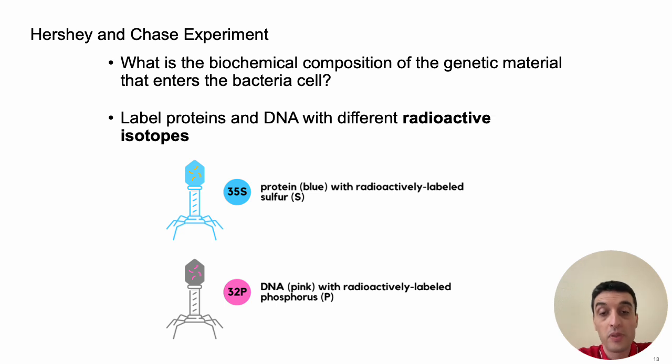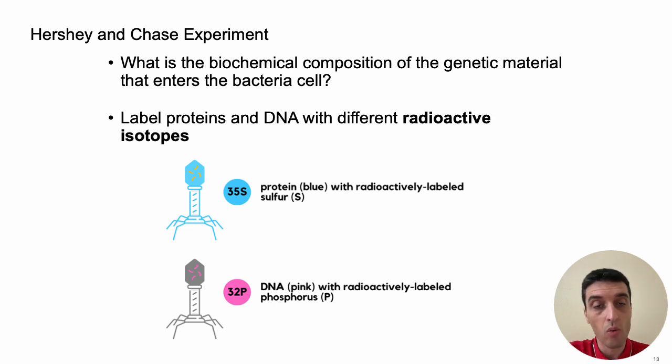For the protein, they used radioactive labeled sulfur, that's the 35S. So all the proteins of this phage had this radioactive isotope. And they did the same for the DNA.